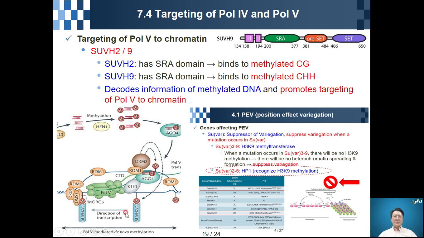So maybe this region can be the targeting region of polymerase 5. It promotes targeting of polymerase 5 to chromatin.